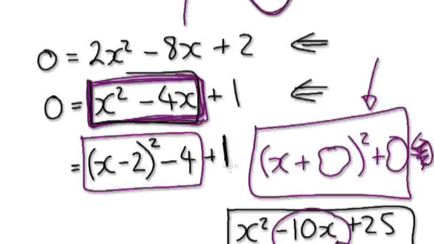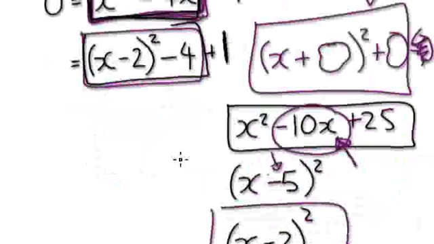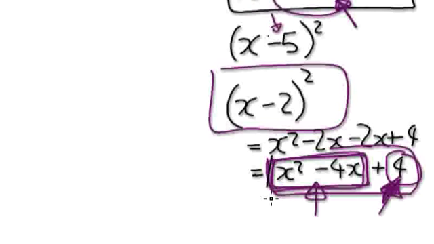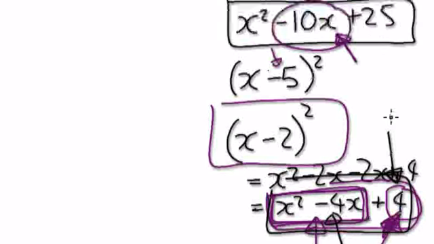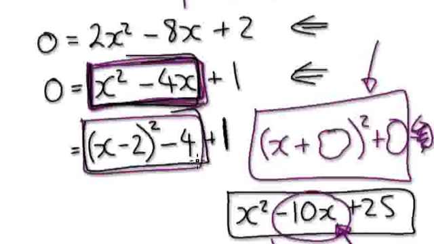I know that x minus 2 squared will give me this whole thing here, but because I only want to keep what's in here, I need to get rid of this rubbish. So I immediately kill off the rubbish and then just take the 1 down.